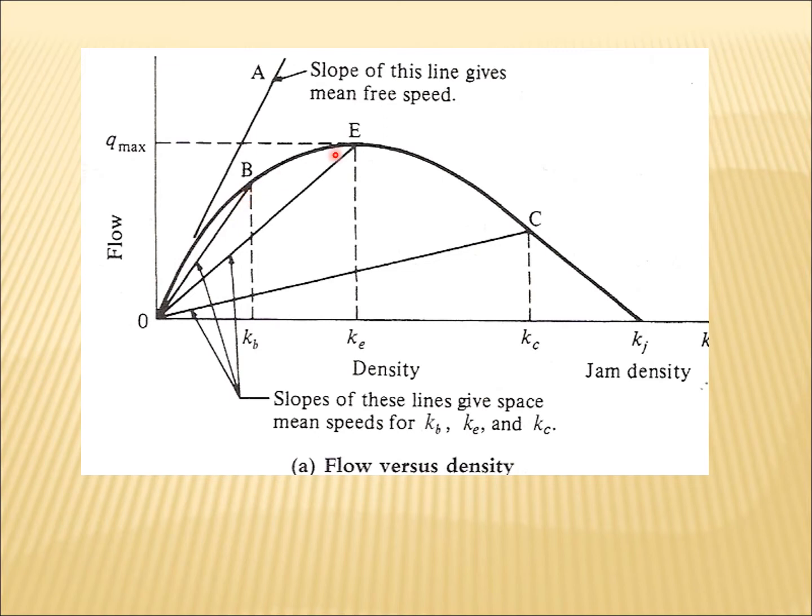In the same way, at point E you can join this line to this point, and you can join point C to point O. So the slopes of these lines give the space mean speeds for K sub B, K sub E and K sub C.